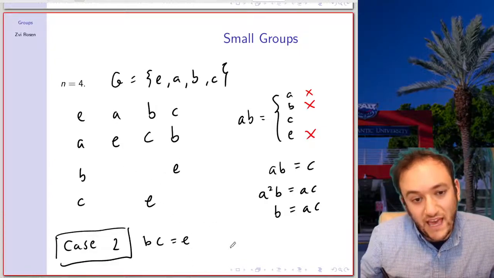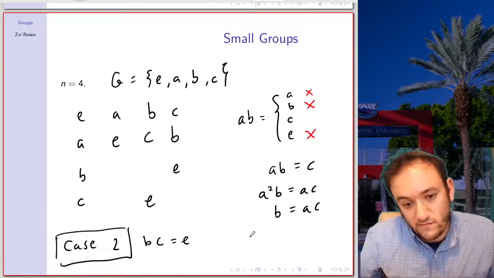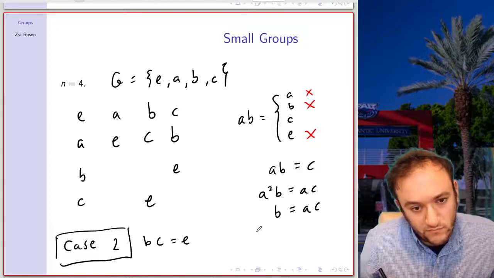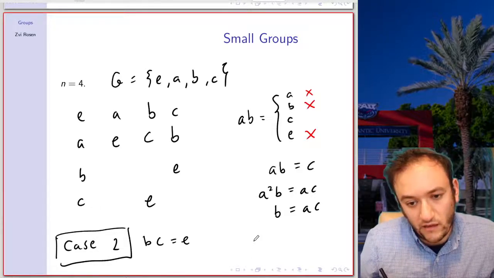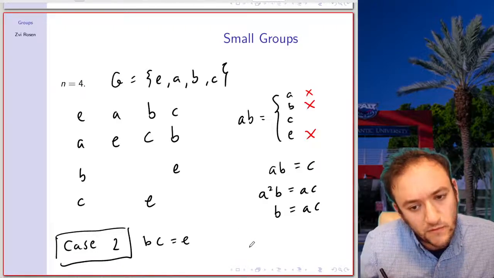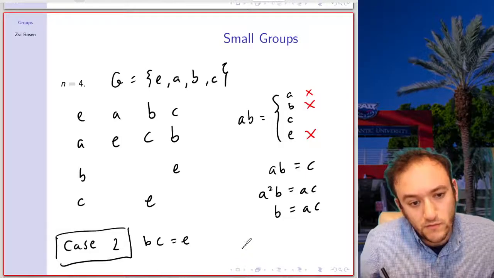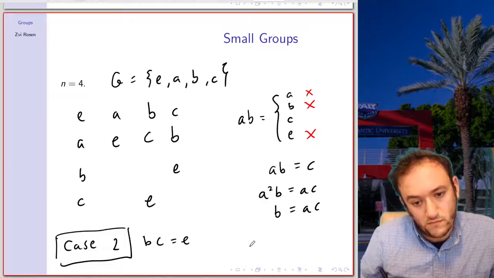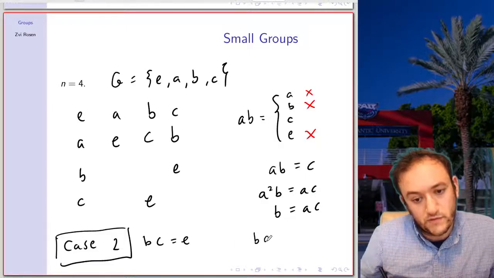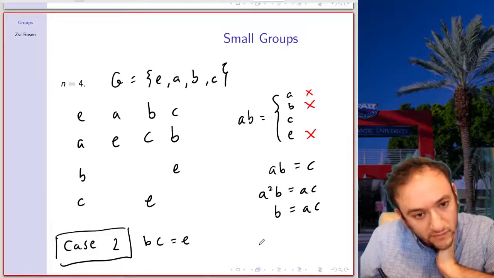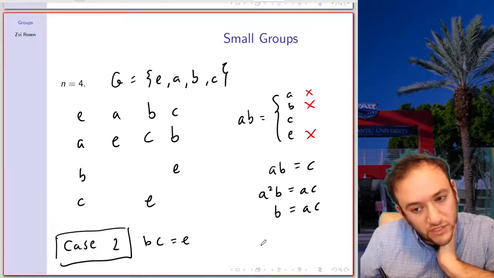As for BA, let's start with one of the multiplications that we know.